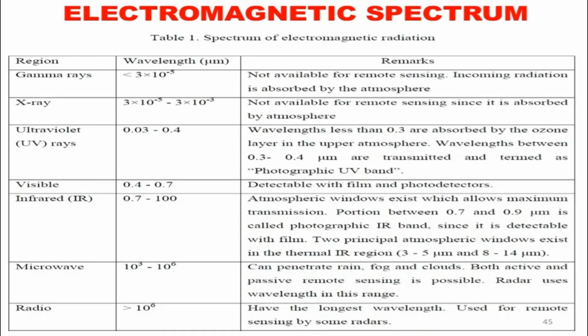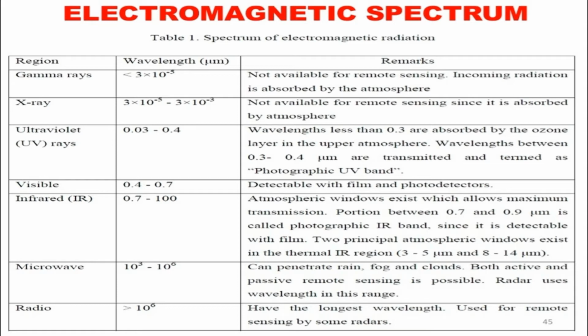Now, the gamma rays. Generally, their wavelength is 3 into 10 raised to minus 5. The interaction with the atmosphere is higher, so it is not usable for remote sensing, and the incoming radiation is absorbed by the atmosphere. Next is the X-ray. It is also not useful for long distance remote sensing.